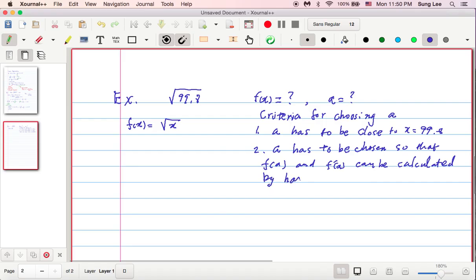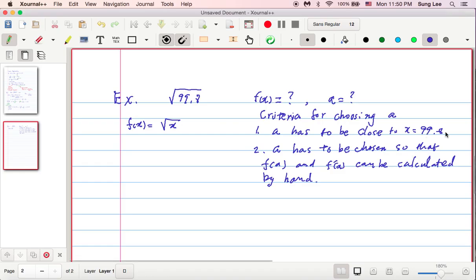Remember, we are not supposed to use a calculator. So there's a constraint on the choice of a. It has to be a number good enough so that we can easily calculate f of a and f prime of a by hand.